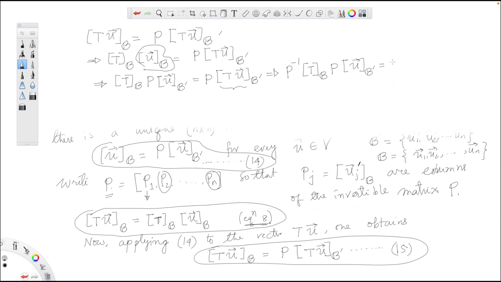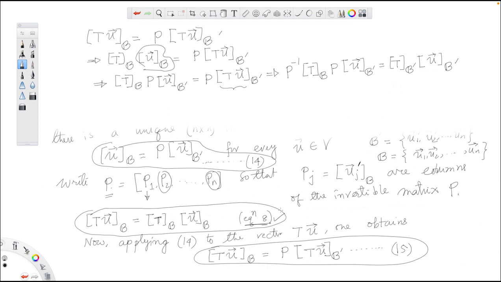You can write this again as the matrix representation of the linear operator T relative to the ordered basis B prime times the coordinate matrix of the vector u relative to B prime, using equation number 8 for the ordered basis B prime.